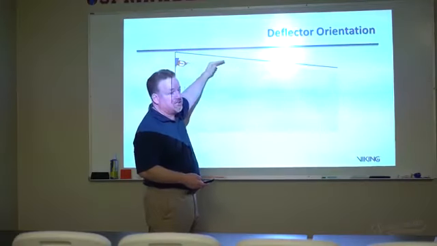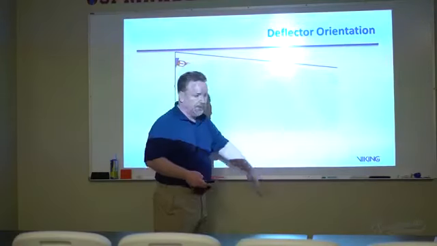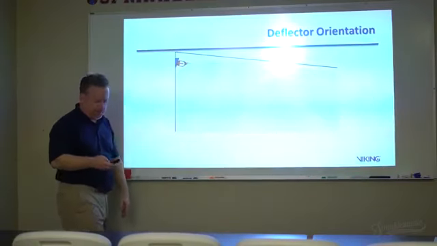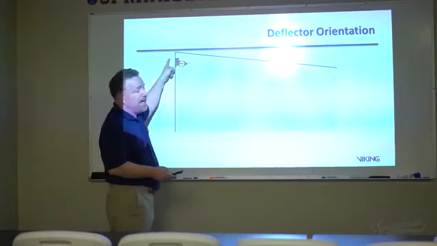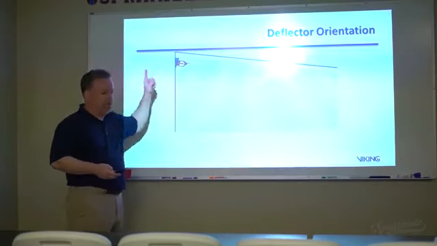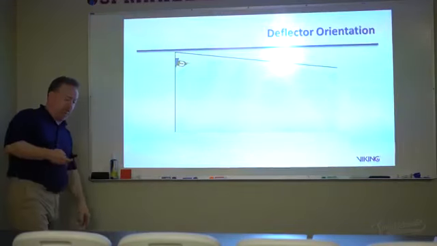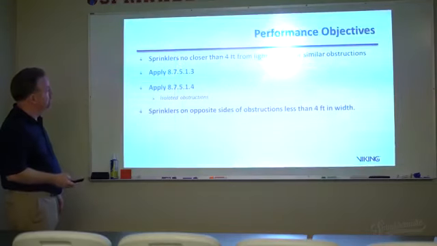So basically you would wind up with the ceiling being an obstruction itself. It would hit here and come down the side. The deflector has to be parallel to the ceiling line.